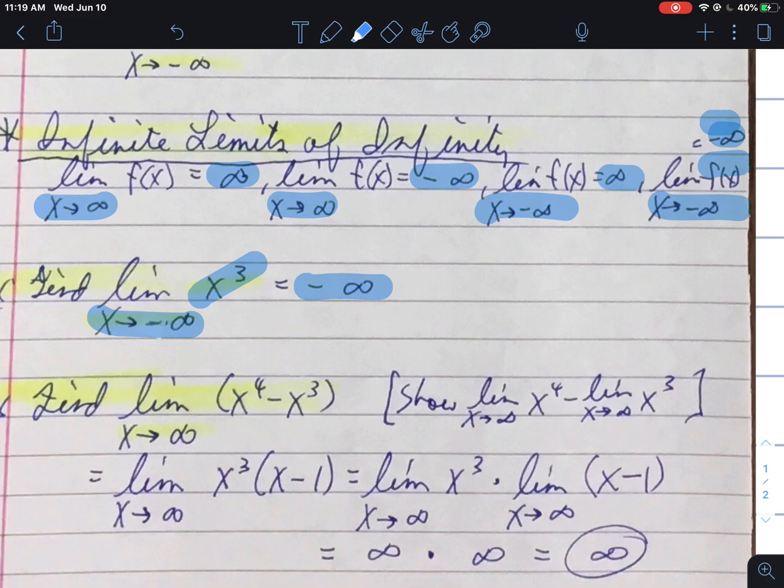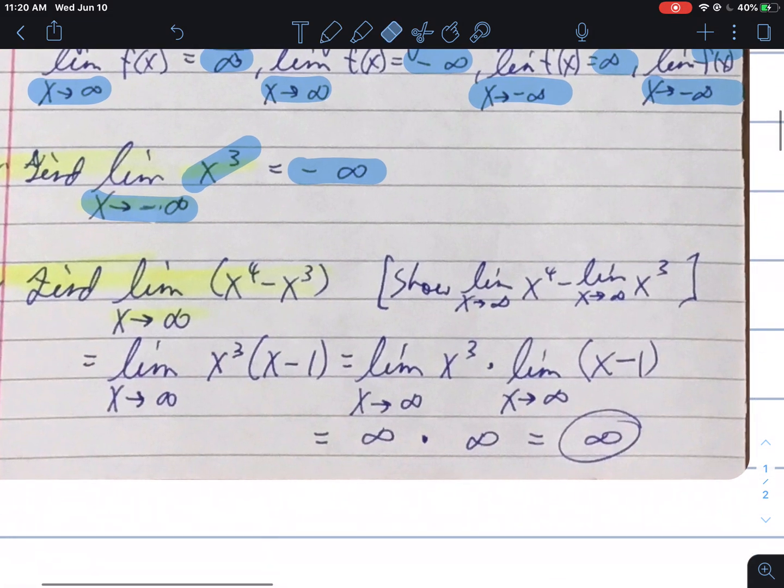And from time to time we write things like this, so be careful in your interpretation, because that is absolutely an incorrect statement to write because, like we said, infinity is not a number. But the idea is if I plug in larger and larger negative values and I cube them, what happens to those values? They're just going to continue to get larger and larger negative. So you can make use of statements like that. Just please be careful and don't misinterpret what that actually means or what you mean by that.